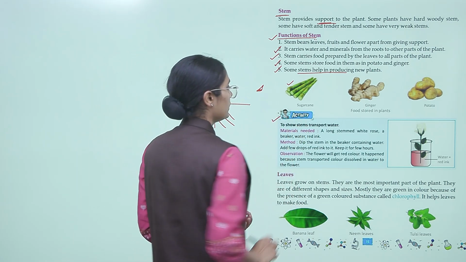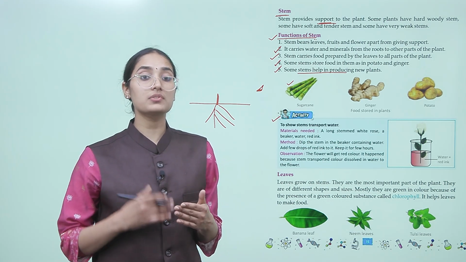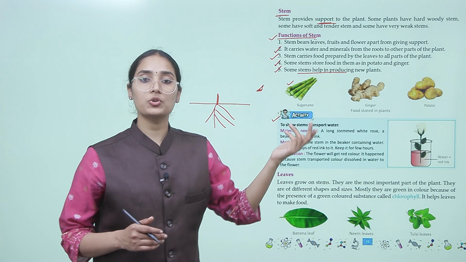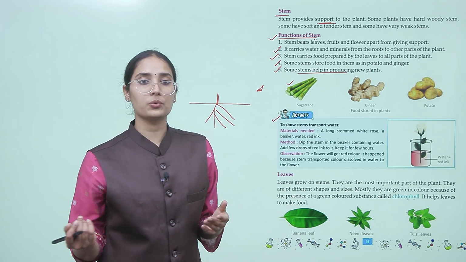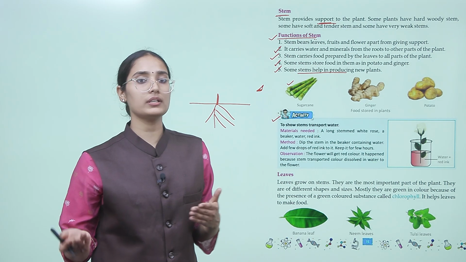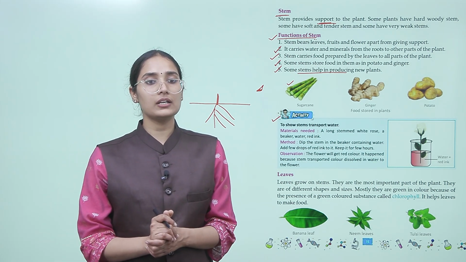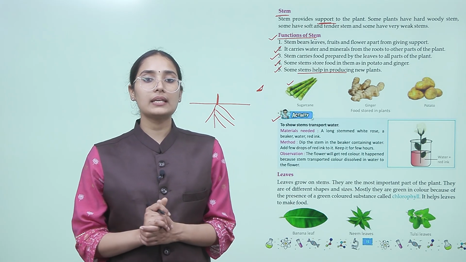We will do this activity to understand how stems transport water. Just now we read that stems transport water. So let's take a long-stemmed white rose, a beaker, water and red ink. Dip the stem in the beaker containing water. Add a few drops of red ink to it and keep it for a few hours.